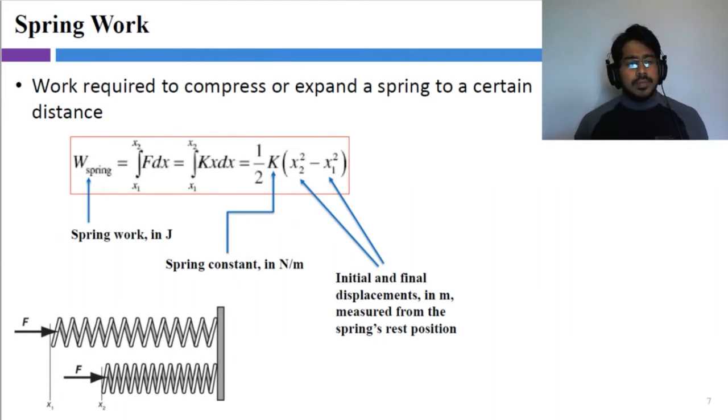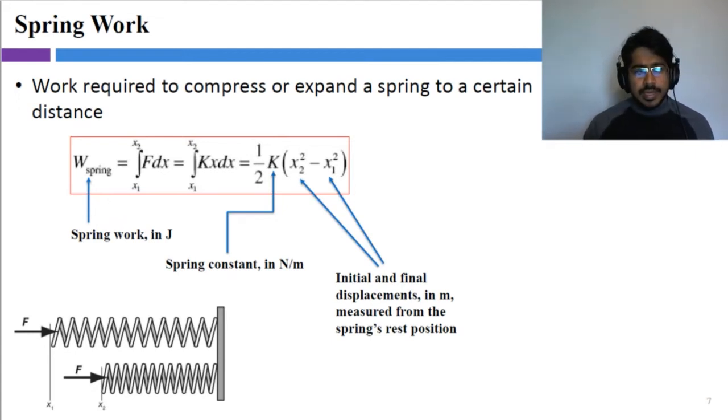So now, at the beginning of this lecture, we agreed that we are going to learn the work required to compress or expand a spring to a certain distance, right? So if we see spring work, then we can use this equation to write that.